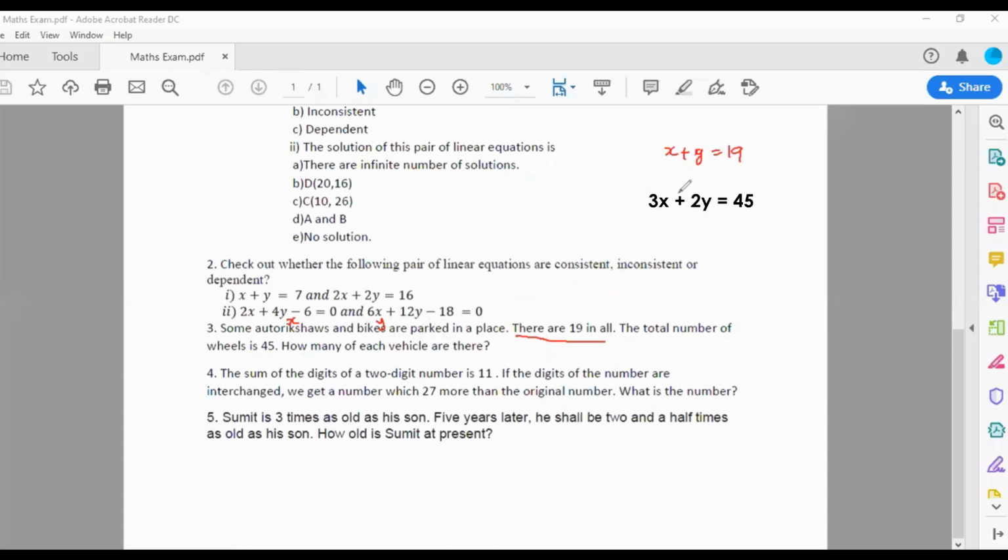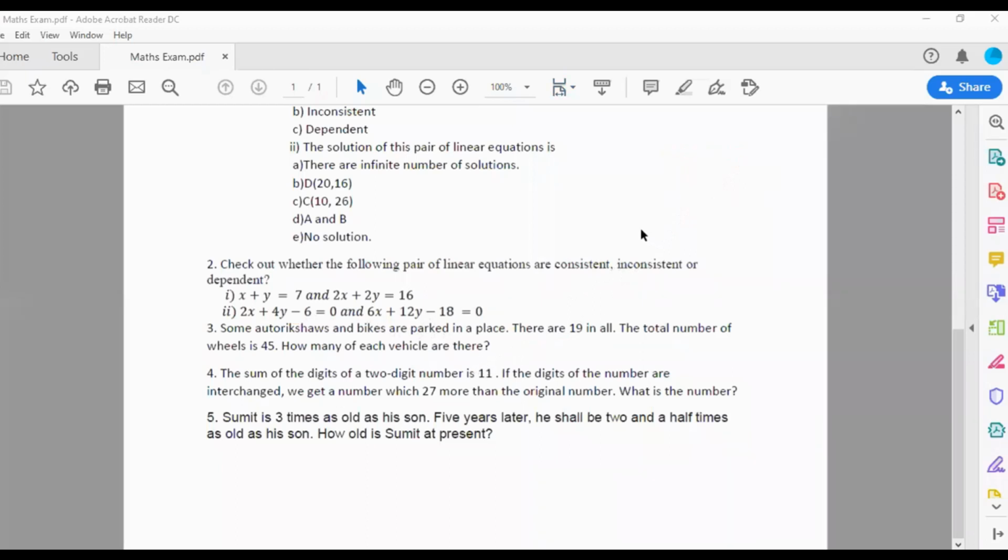So this will be the total number of wheels, and that's given as 45. Okay. So this is very simple. You can multiply the first equation by 2 or 3 to make the coefficients of x or y terms equal. Then you can use the elimination method, or the first method is also possible. You can find out the final answer.